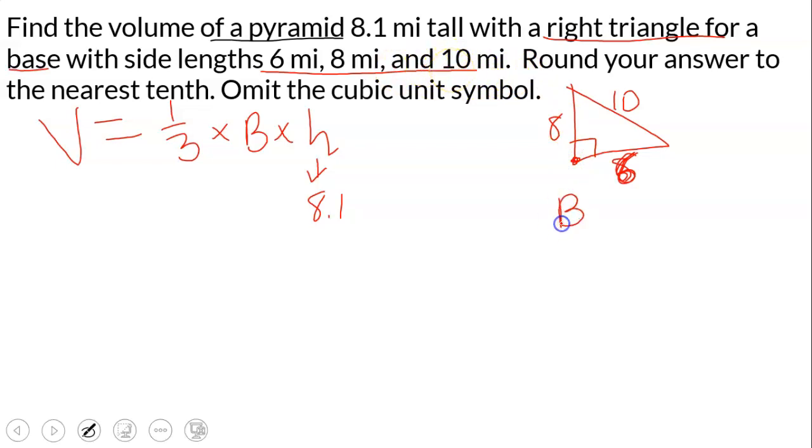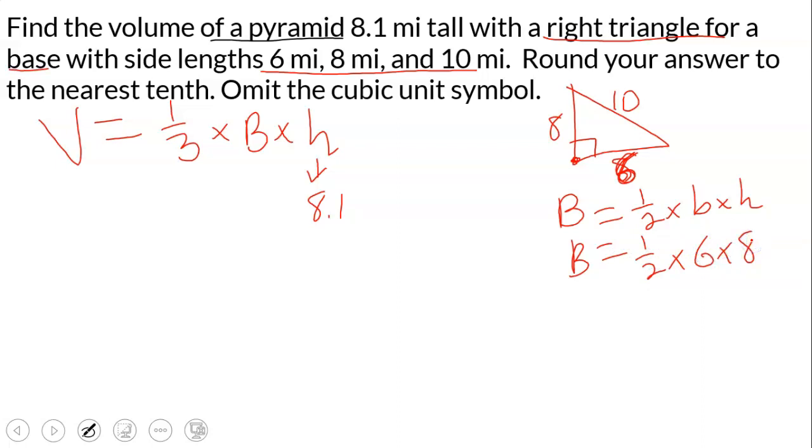Because it's a triangle, the base area is going to be 1/2 times the base times the height. Again, the height of the pyramid is the whole pyramid's height, but the height here is the height of the triangle. So it's the base and the height here. So it's going to be 1/2 times 6 times 8.